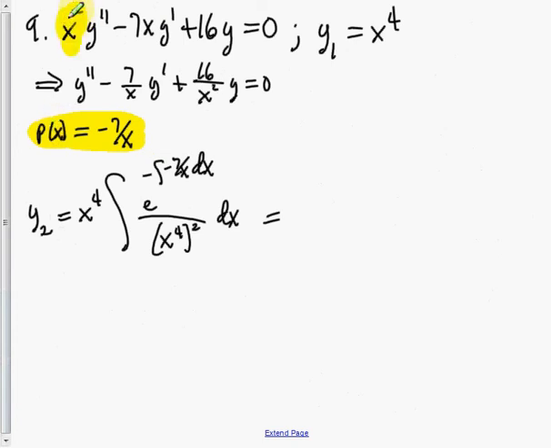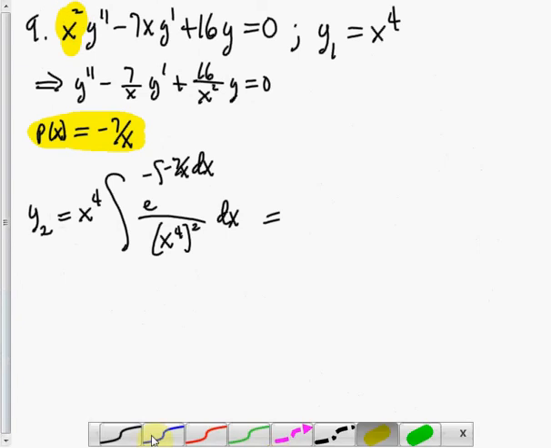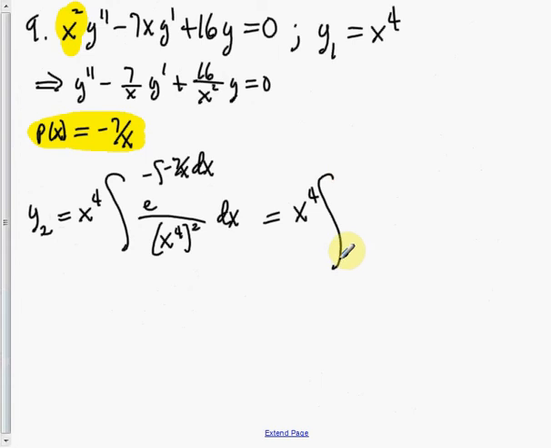Make sure you look at that term that's multiplied to y double prime. This is x to the fourth times the integral of x to the seventh over x to the eighth dx.